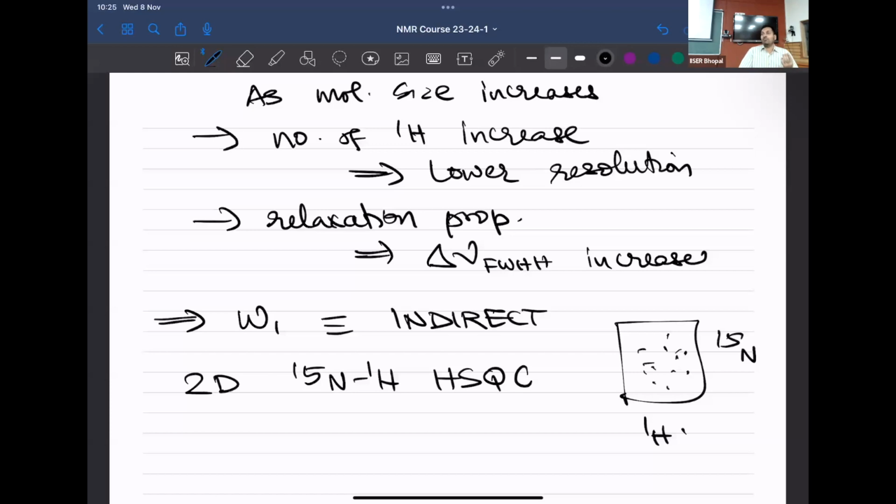I showed some examples of how a protein that's folded has its characteristic HSQC, while when it's unfolded, the resolution reduces in the proton dimension, and you start to see which part is folded, which is not folded, and so on. Are you guys able to recollect that?